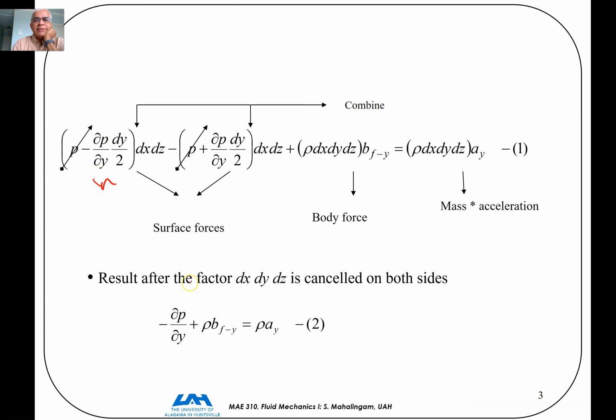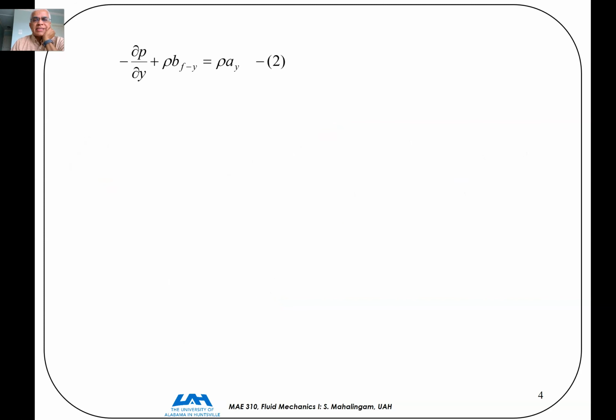That's right here. And then rho Bf sub y comes about, and on the right hand side I get rho a sub y, right? So the term dx dy dz, which is the volume of this fluid element, drops out. So this is the basic equation of hydrostatics.